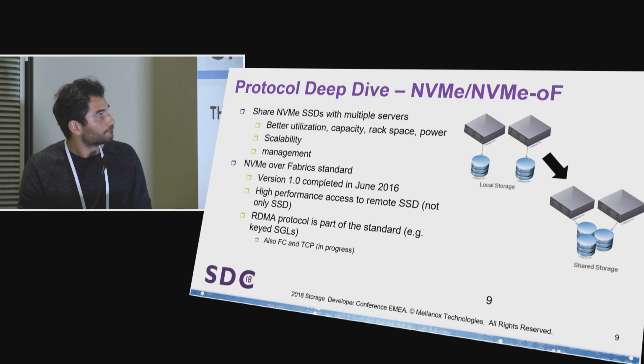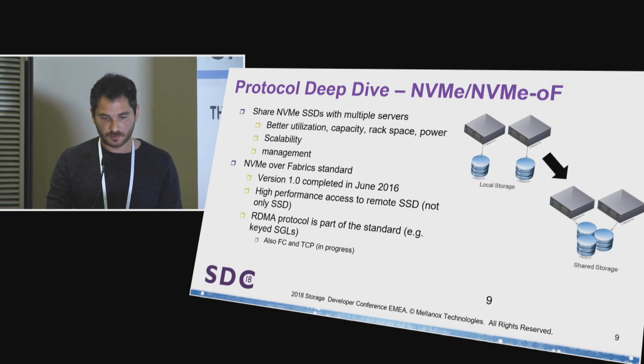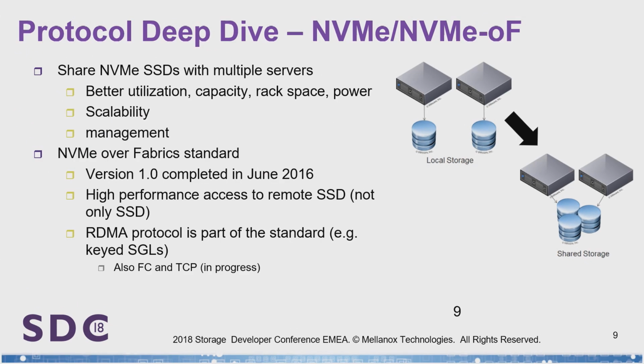I don't want to repeat the topics that were spoken earlier, so I just say a few words. The NVMe over Fabrics standard was completed in June, and the RDMA protocol is part of the standard, and we have an example in the wire protocol. We use keyed SGLs, scatter gather elements that have keys, and it's integrated in the protocol. And also we have Fibre Channel and TCP transport layers that implement NVMe over Fabrics.